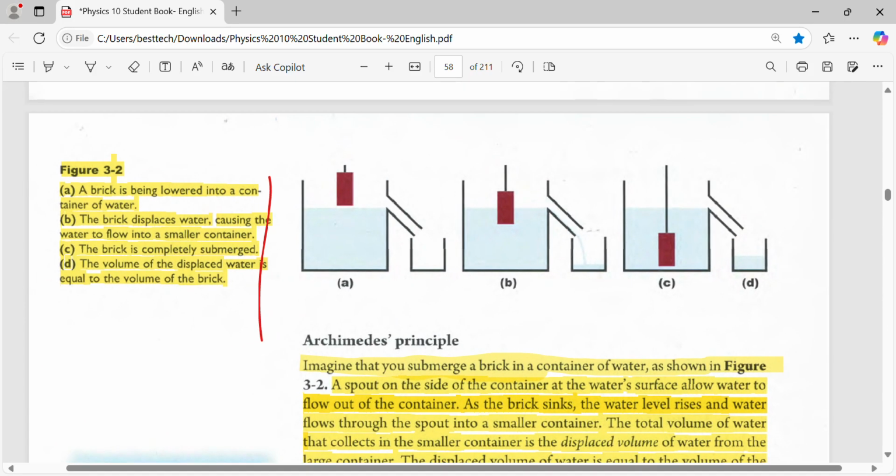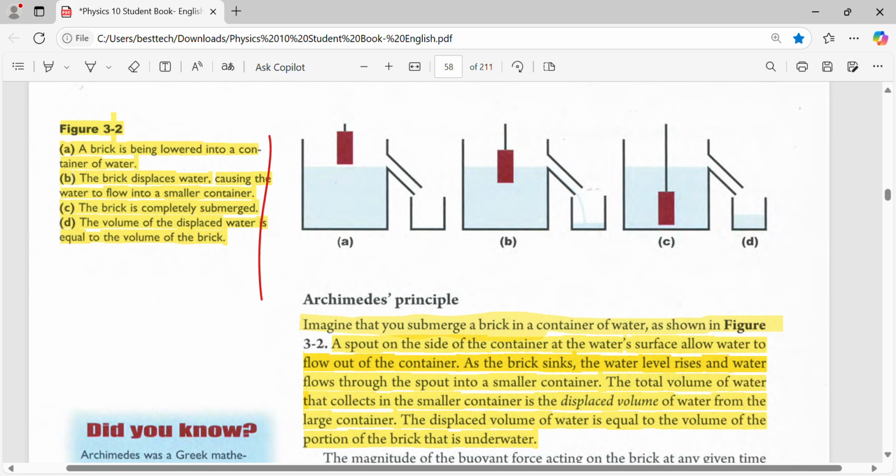Of course, the type of fluid, the type of liquid, is important. If the density changes, for example if the density becomes greater than 1, you have more buoyant force. If the density becomes smaller, or the size of the object changes, both can affect the buoyant force.